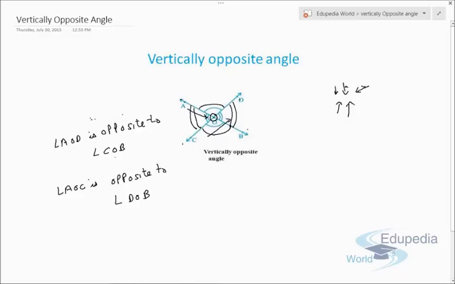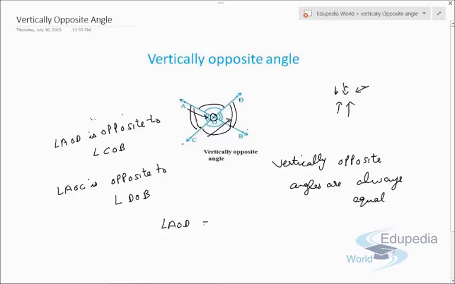So these are vertically opposite angles. And again, vertically opposite angles are always equal, meaning angle AOD will be equal to angle COB, and angle AOC will be equal to angle DOB. So this is the concept of vertically opposite angles.